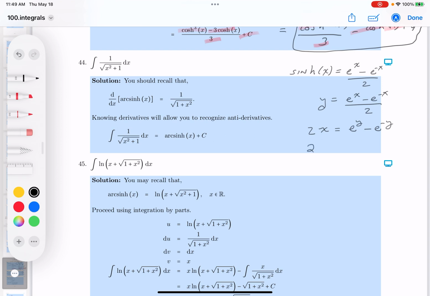And you get 2x e to the y equals e to the 2y minus 1. Well, I think I can do 0 equals e to the 2y minus 2x e to the y minus 1.